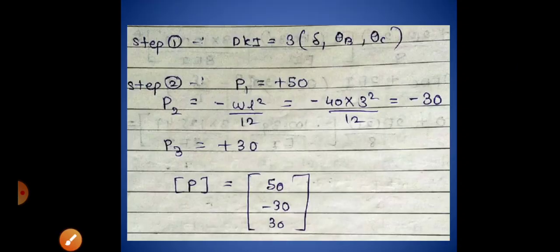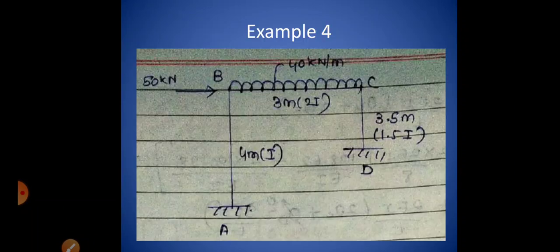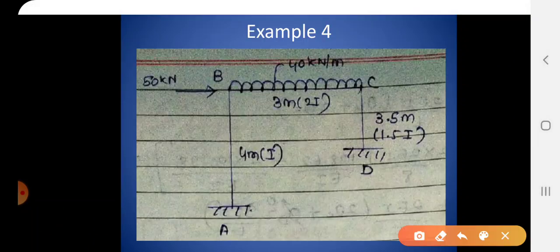Now step 2, to generate the P matrix. First redundant is delta, therefore the horizontal force in x direction is P1. Second redundant is theta B, therefore the moment at B due to this UDL will be P2, and theta C is the third redundant, therefore the moment at C due to this UDL will have the value P3.